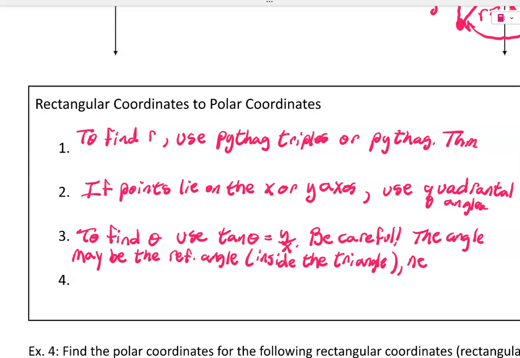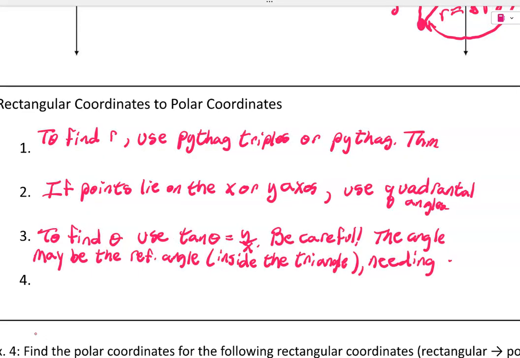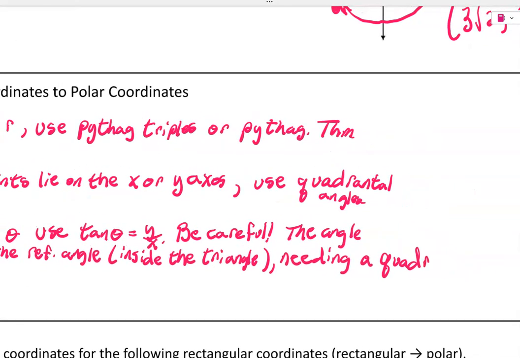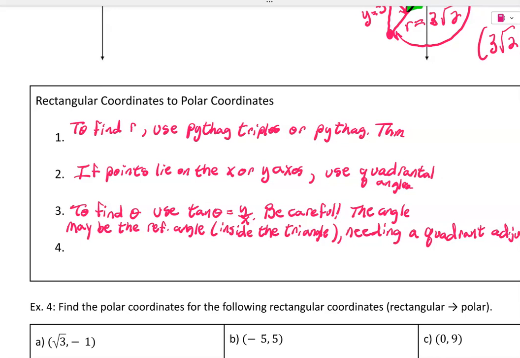And that means you are needing a quadrant adjustment, like we just did a minute ago, getting to 5 pi over 4. And of course, you should know when you're looking at your angle, it should pertain and relate to the correct quadrant that you're in.